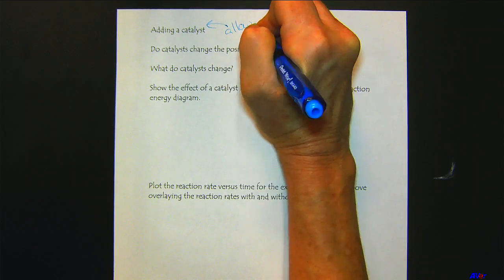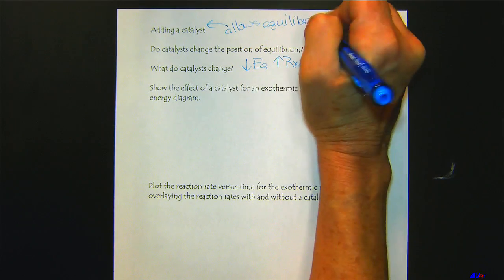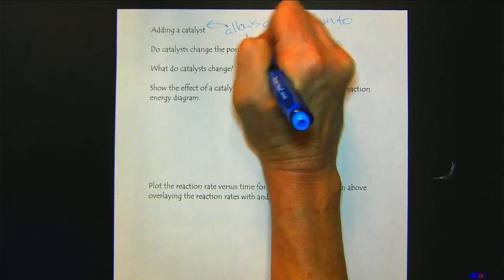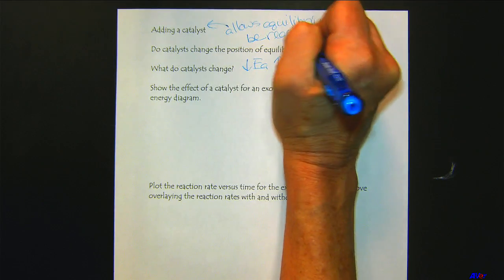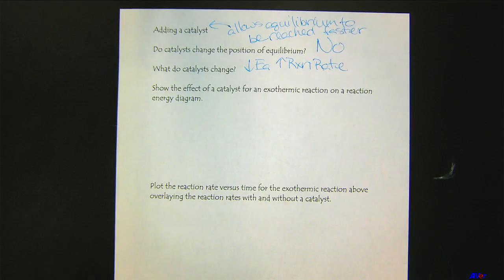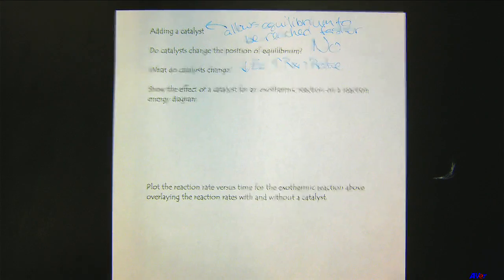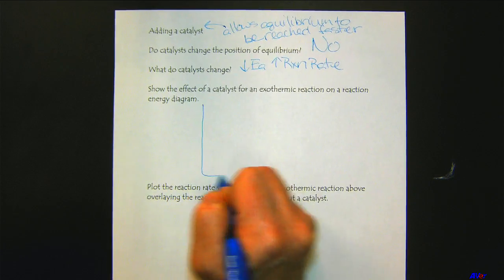So it allows equilibrium to be reached more quickly, faster. But it doesn't change the destination. It's like putting in the expressway. And we've just talked about this.